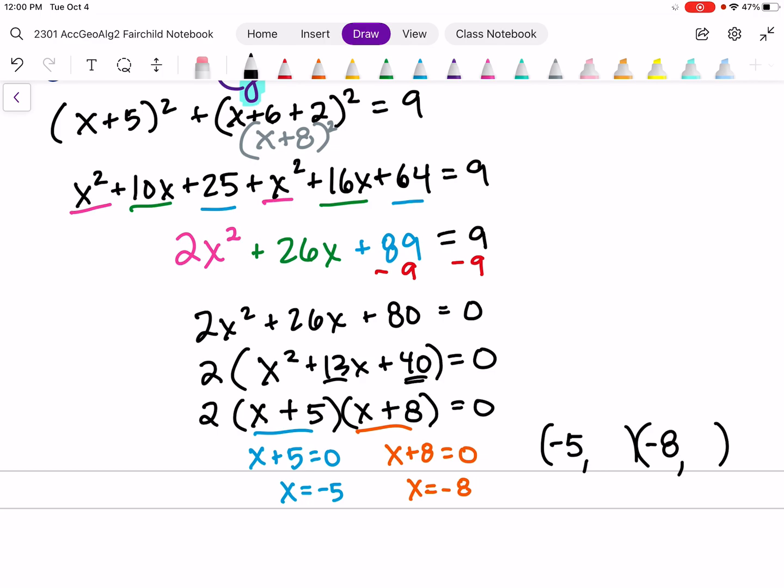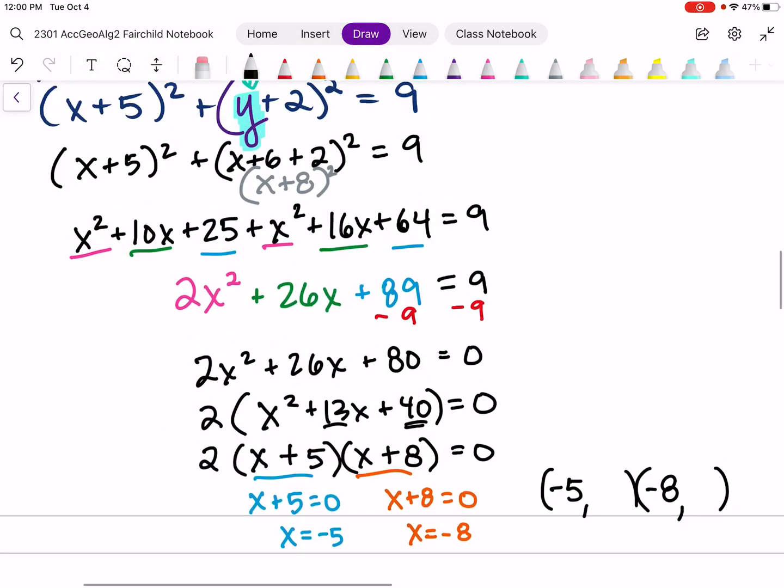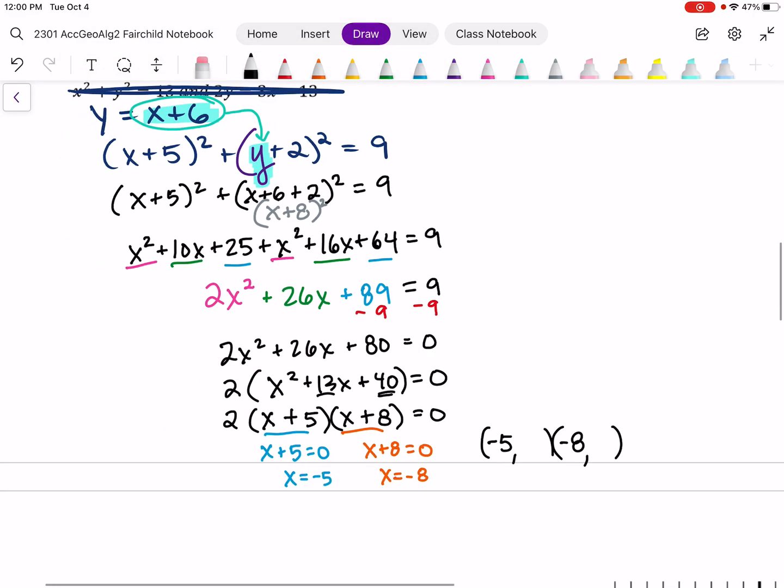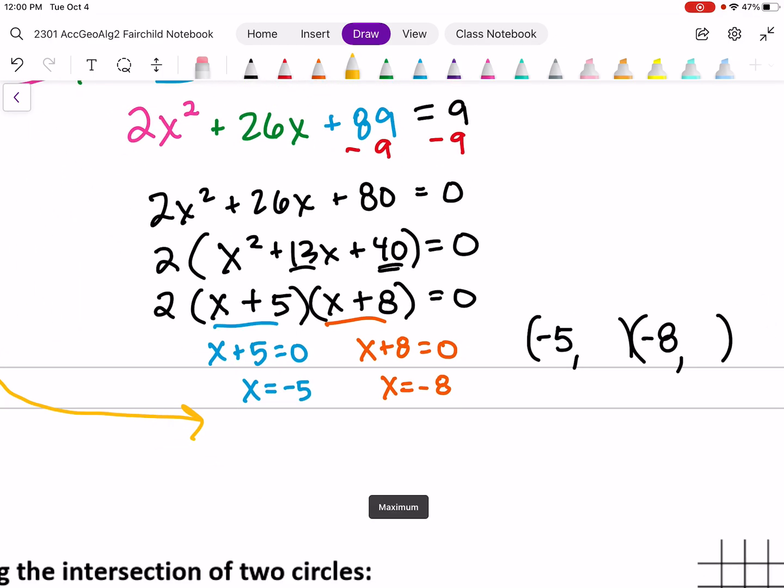Now, I need to plug in these x values to find my y values. So I'm going to take this line equation down here, y equals x plus 6, and plug these into that equation to find my y value. So when I plug in x equals negative 5, I get y equals 1.